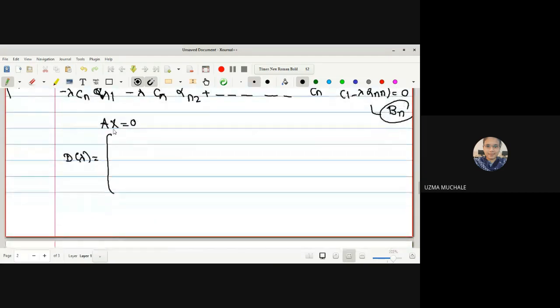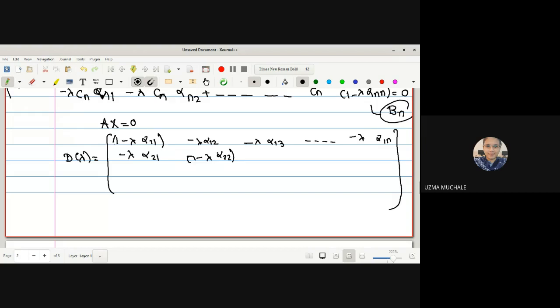So let me write down the matrix. It will be of the form 1 minus lambda alpha 1 1, second term minus lambda alpha 1 2, minus lambda alpha 1 3, and so on. What will be the last term? Minus lambda alpha 1 n. Similarly, we have minus lambda alpha 2 1, next is 1 minus lambda alpha 2 2, and here it is minus lambda alpha 2 3, and so on, minus lambda alpha 2 n.